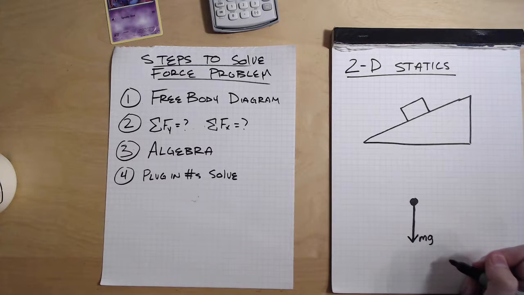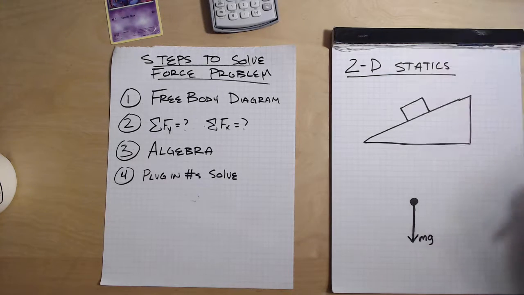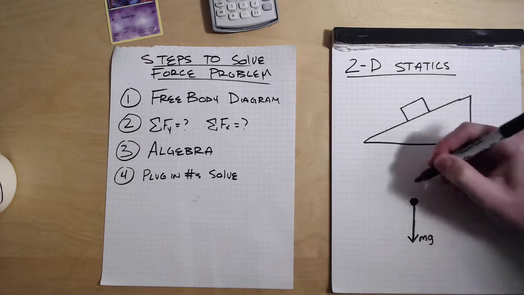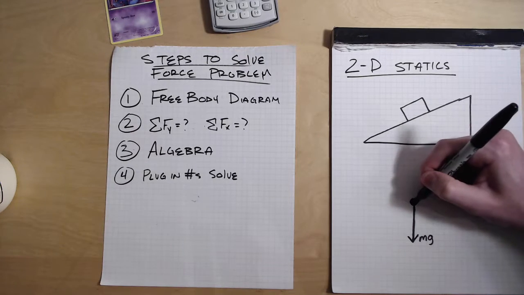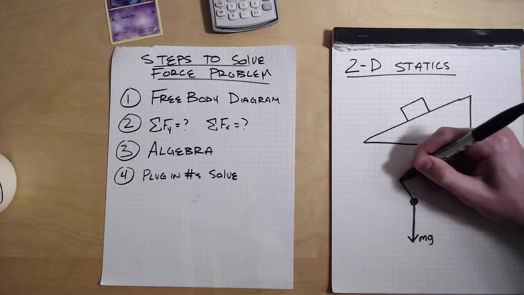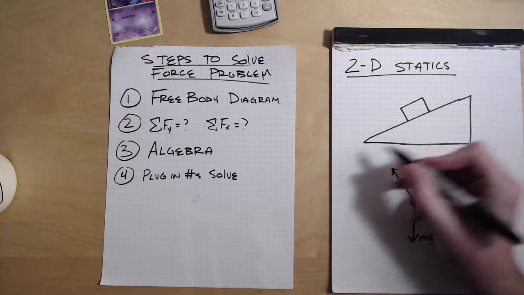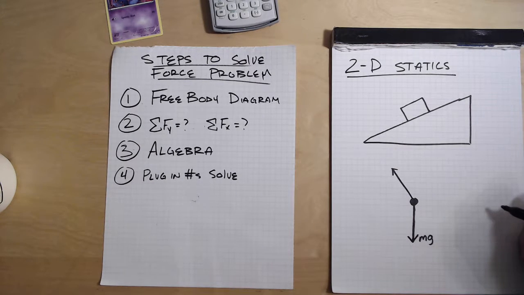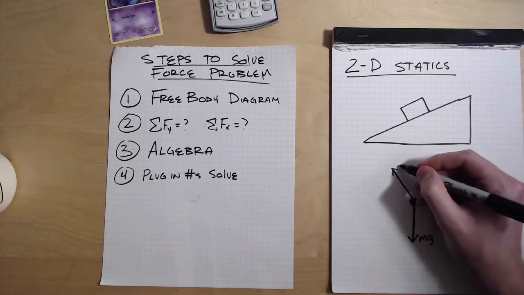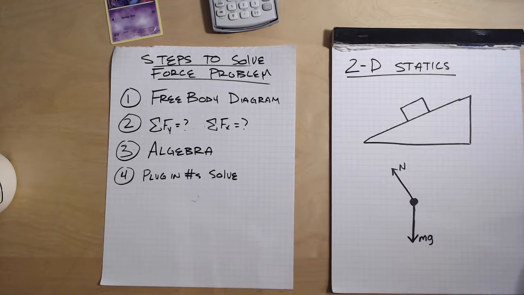Okay? Next, we know we have a normal force that's perpendicular to the surface of our inclined plane here. So we are going to draw a normal force that is perpendicular to that plane. Okay? We're going to call it capital N. Now we have to ask ourselves, if this was a frictionless surface, what would the box be doing?